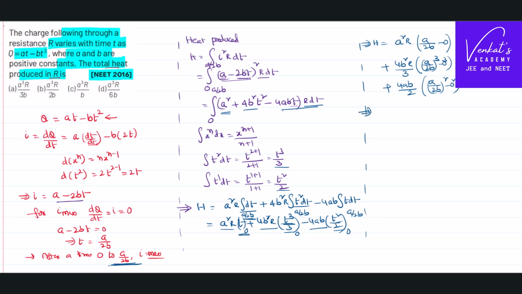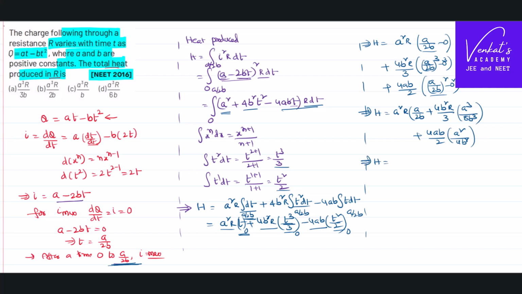Let us simplify this. H equals A square R times A by 2B. Second term, 4B square R by 3 times A cube by 8B cube. Third term, 4AB by 2 times A square by 4B square. Let us further simplify this.